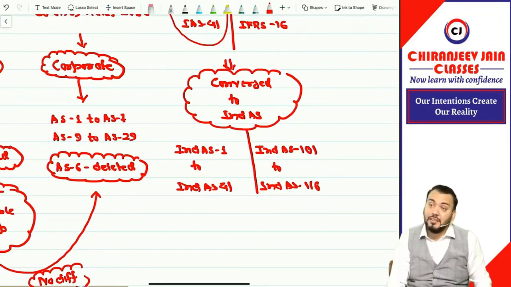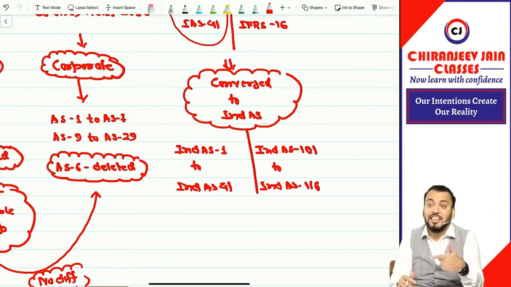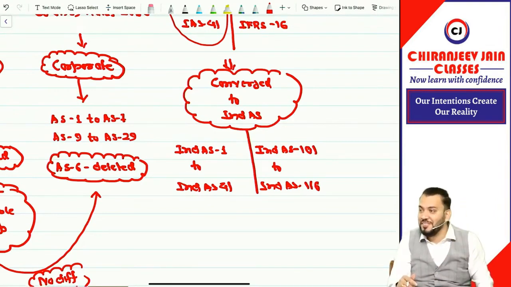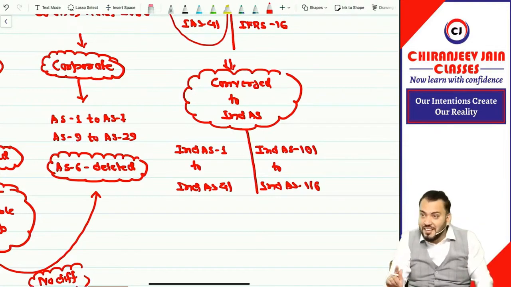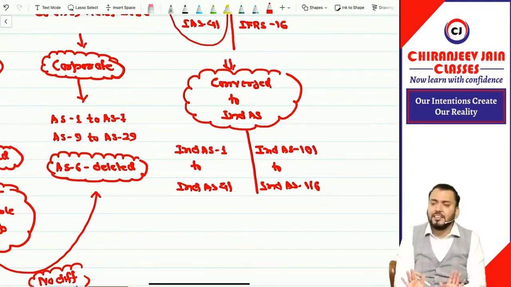I hope you understand: when I say Ind AS 101, it means IFRS 1. When I say Ind AS 1, it means IAS 1. When I say Ind AS 116, it means IFRS 16. Correct? Till now these are the effective Ind AS.